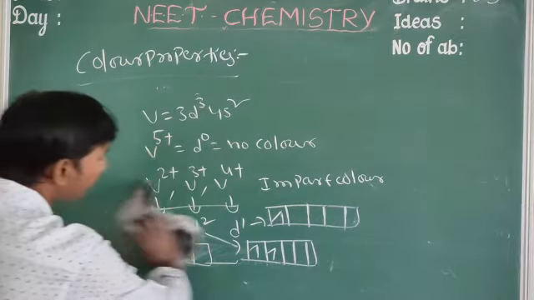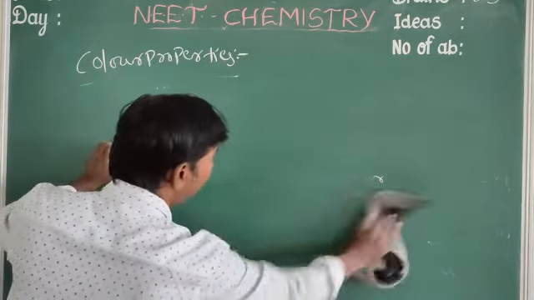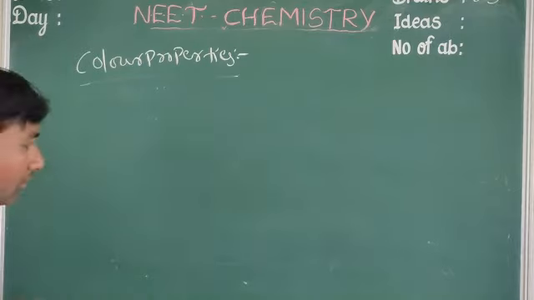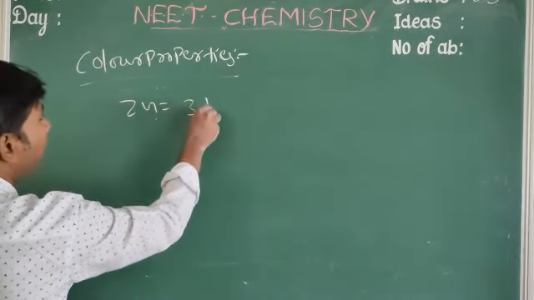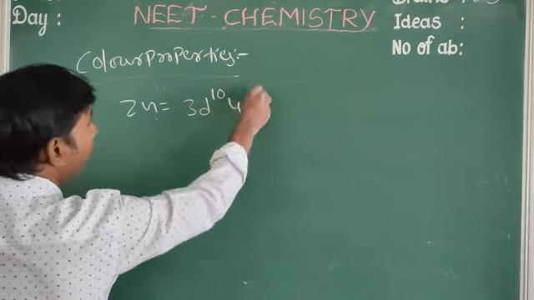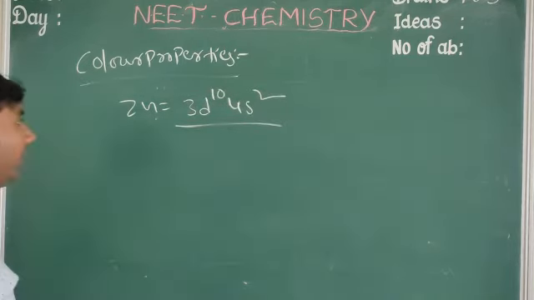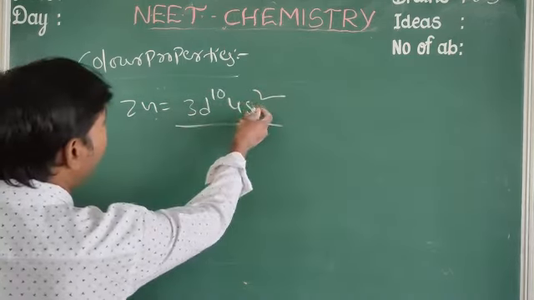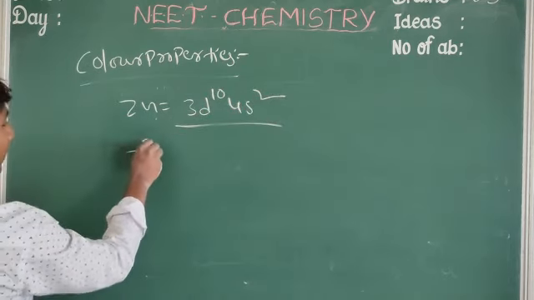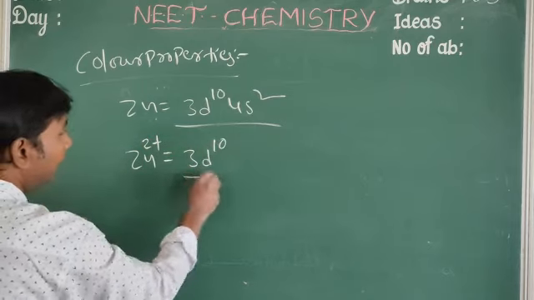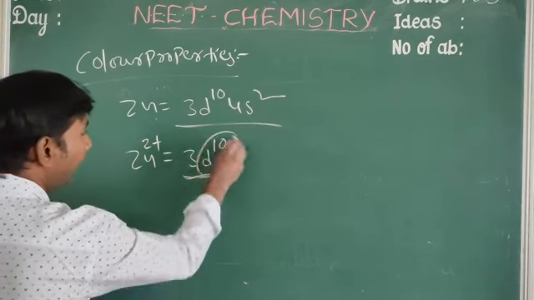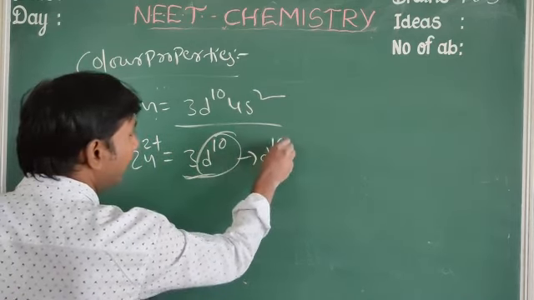Now, for example, zinc. Zinc configuration 3d10 4s2. That's why zinc also does not impart color. Zinc 2+ means 3d10, so this is a d10 configuration.